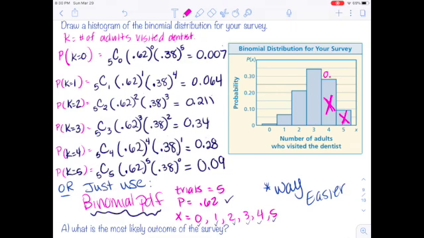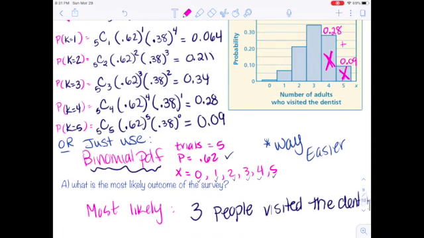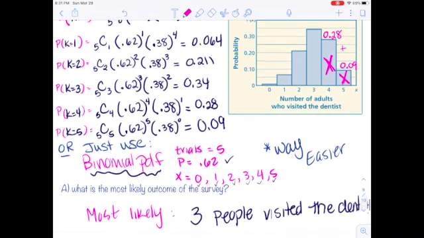So we already know those numbers. We've got the number of adults going, that's 4, is the 0.28 from our data before, and a 0.09 is the probability of 5 adults who have visited the dentist. And really you just add those 2 probabilities together and you get your answer of 0.37.